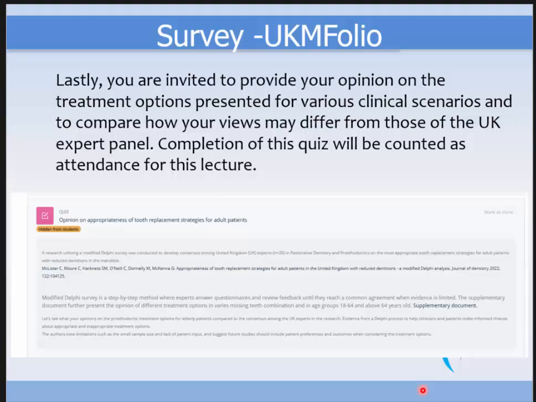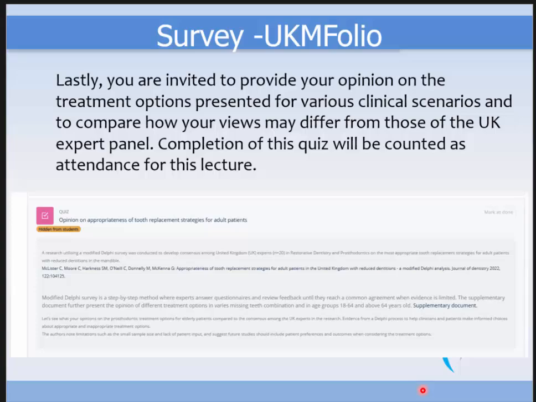For some of the questions, they may not reach consensus, which means some experts support the treatment option while others disagree that it is appropriate. However, you can look at the median score. Let's say the median score is 6, 7, 8, which means more people support that the treatment option is appropriate, even though they have not reached an agreement of 70%.